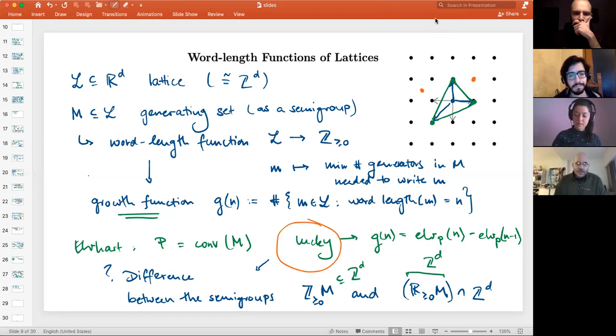I'll start with that, and then do the very general setting, and then go back to an example that connects hopefully many things from this week. And that example will probably go on over to tomorrow.